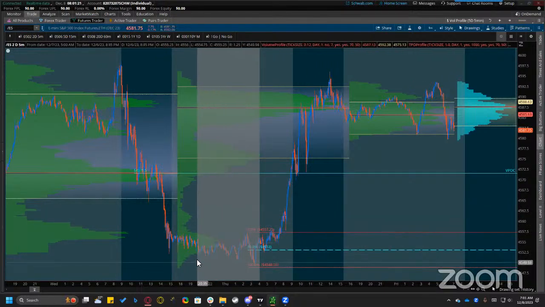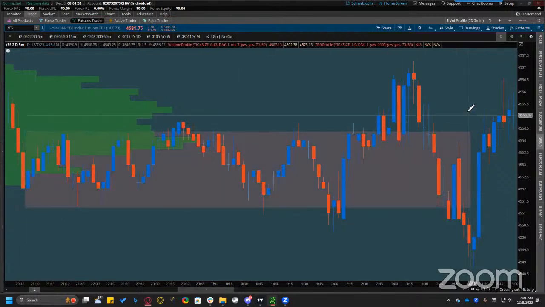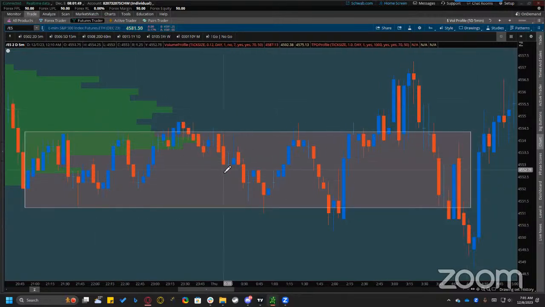We'll just use this area down here real quick. In a draw situation, you get a tight zone like this, and they're drawing everybody in, which is the name, right?